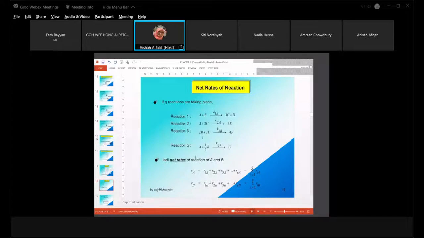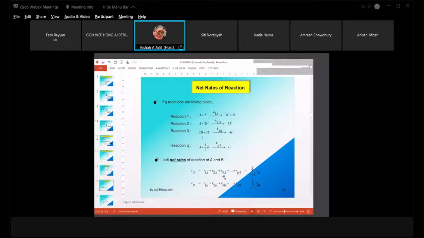So net rates, for example, for A and B. For A, what is RA? Just the reactions which have A. We have A here, R1A. We have A here in reaction number 2, R2A.